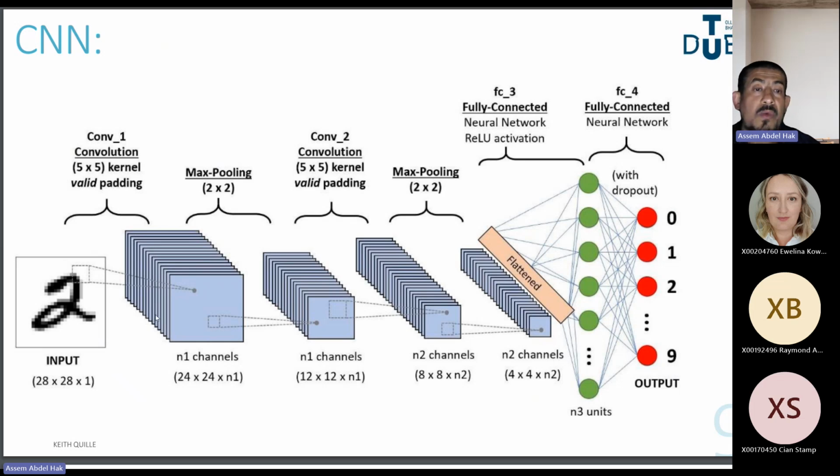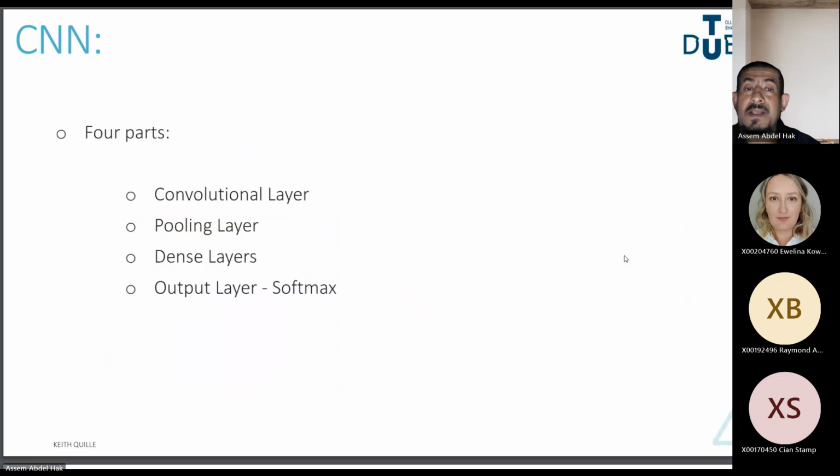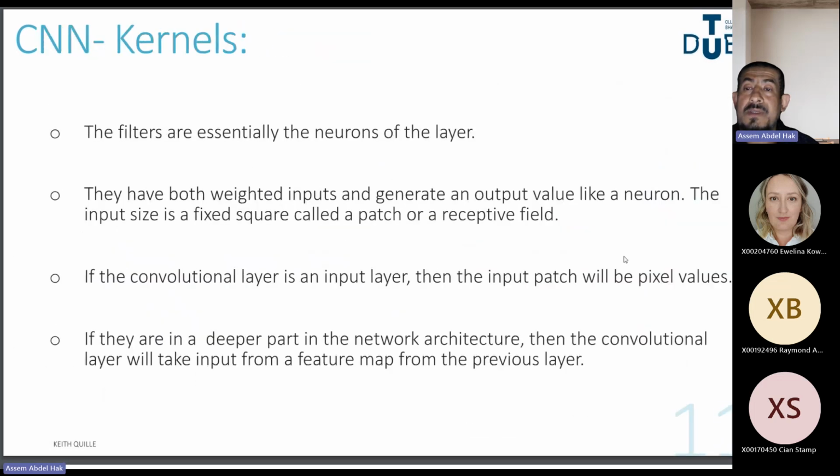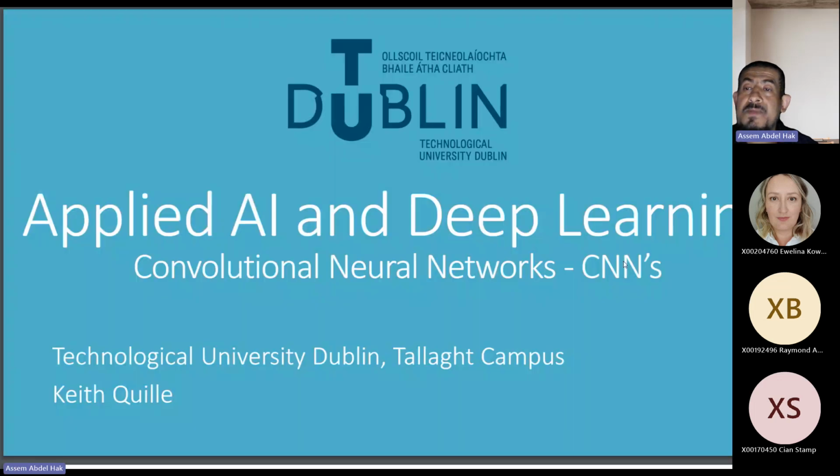What we do here, guys, is a convolution and pool, and convolution and pool, and finally flatten. Then we have the dense layer. Dense layer means the fully connected layer, and in the output layer we have softmax.